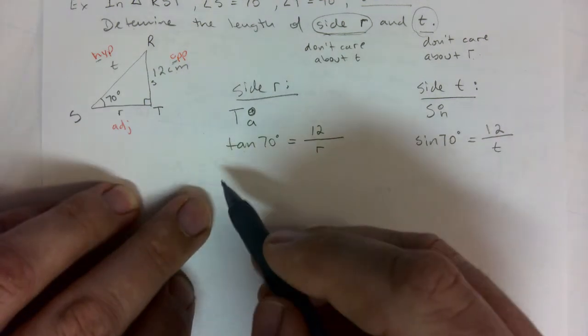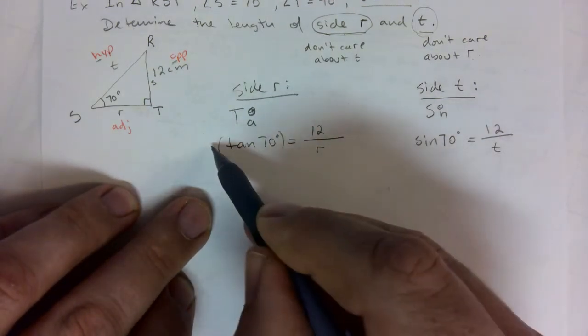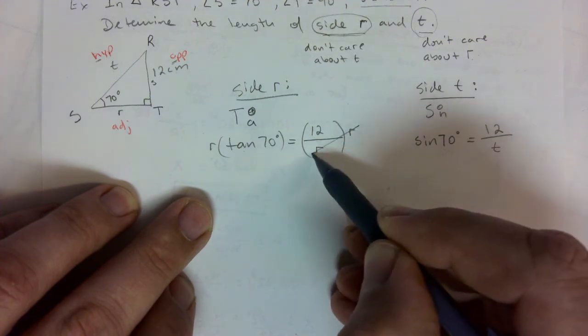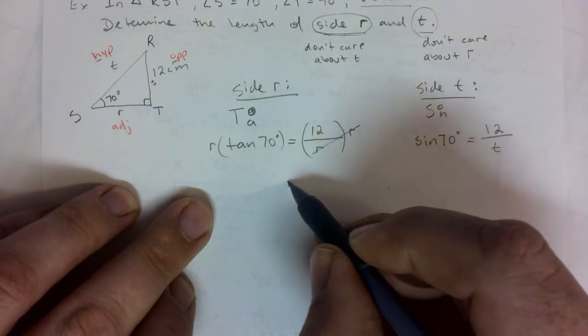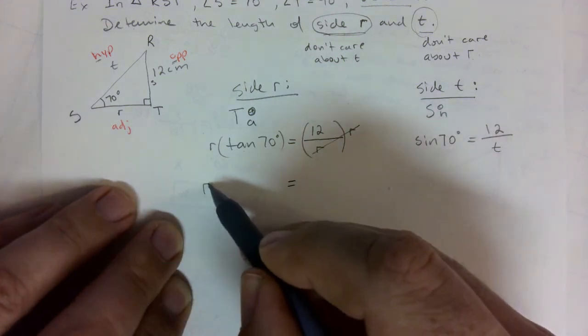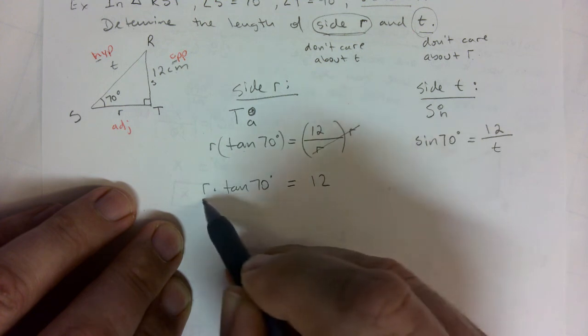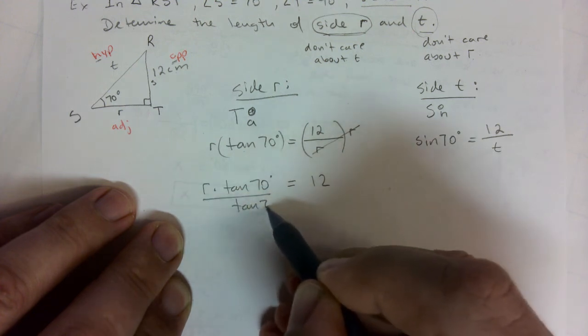Okay, so let's solve. We would multiply both sides by r. That cancels this out, and so we have r times tan of 70 is equal to 12. Divide both sides by tan of 70.